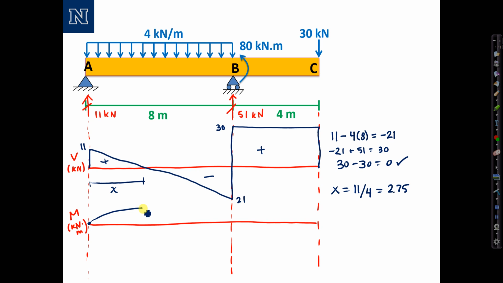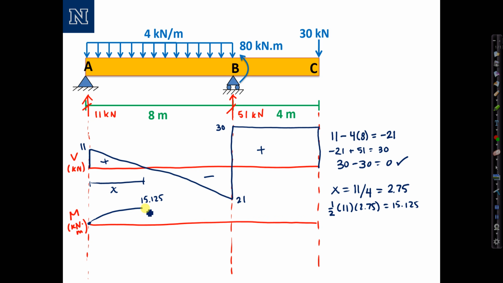So now the value of the moment diagram at the location where it reaches its maximum, which is an important thing for you to solve for, because you want to know the max moment anywhere on the beam. We would calculate that as the area under this shear force diagram, 1/2 times 11 times 2.75, which calculates to 15.125. So I'll label that 15.125.